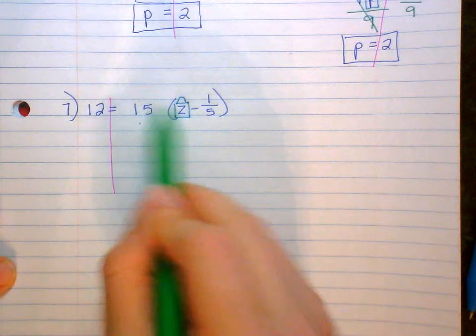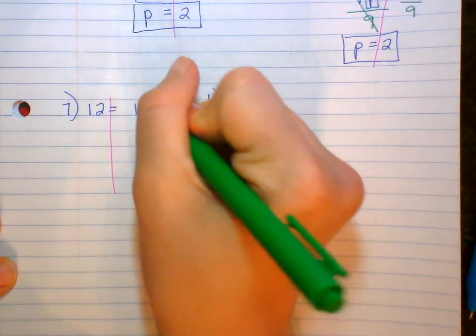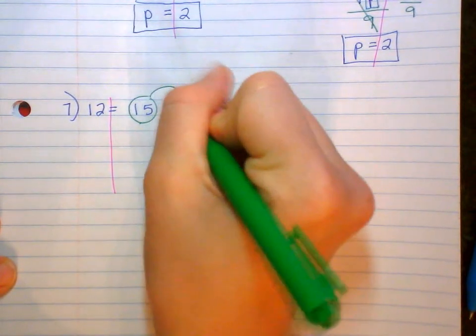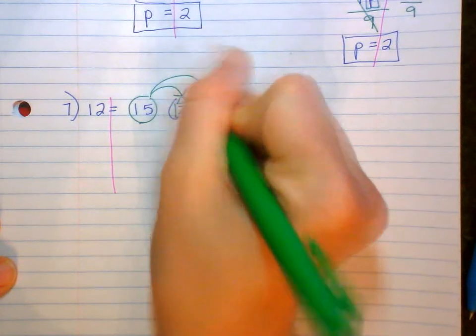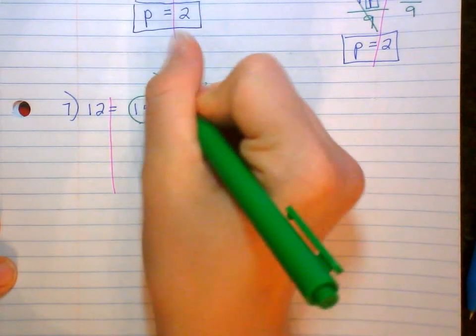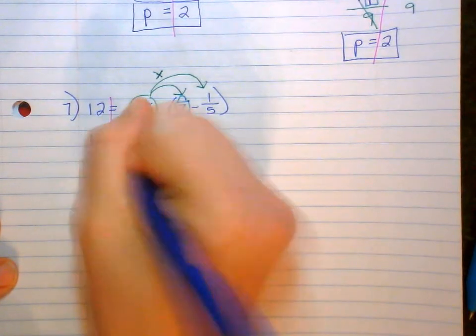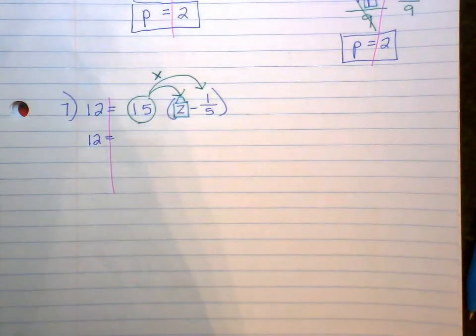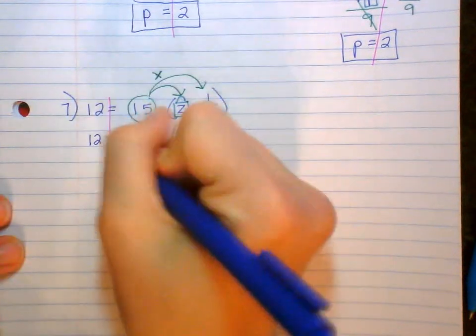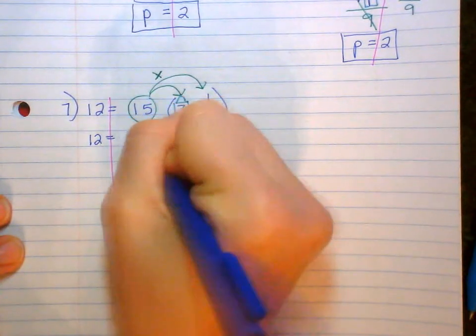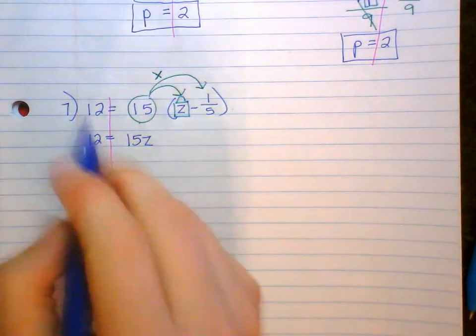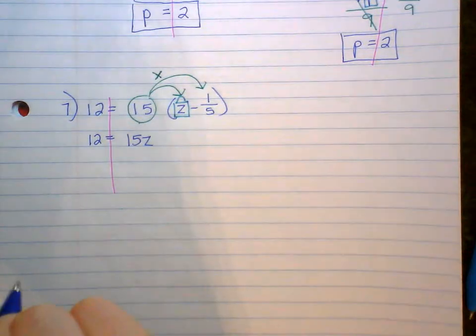So this 15 is being multiplied. It's being distributed to both terms in the parentheses. So bring down the 12 and the equal sign. 15 times z, that's easy. That's 15z. 15 times a negative 1/5.